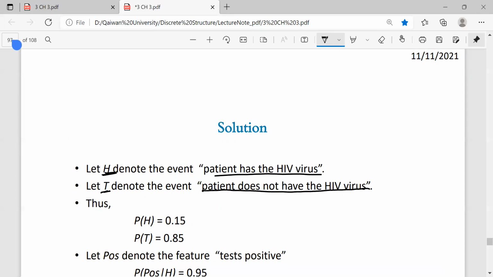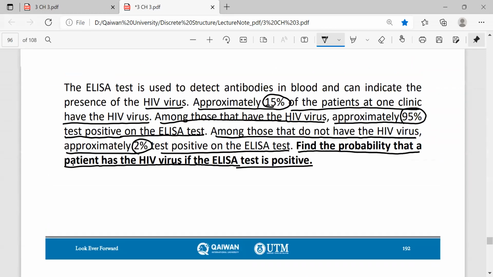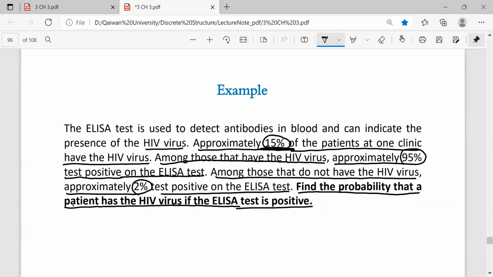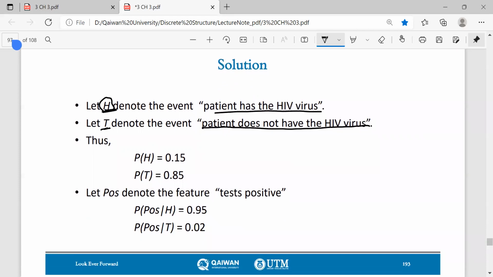So the probability of H is 15%. It's given. And also the probability of T is 85%. Why? Because you see, those which have the HIV virus and those which have no HIV virus, the probability of both must be 1.